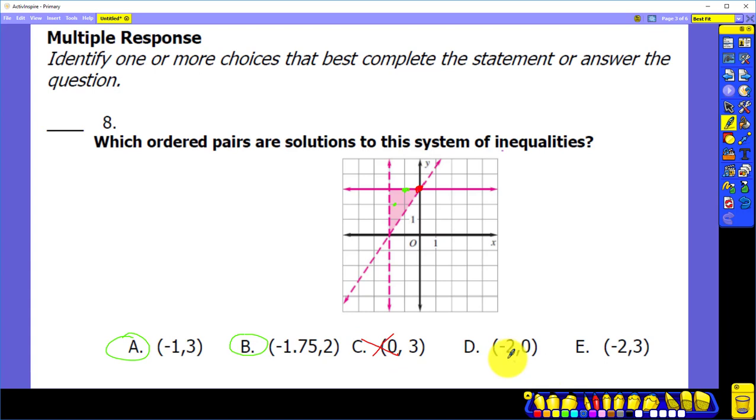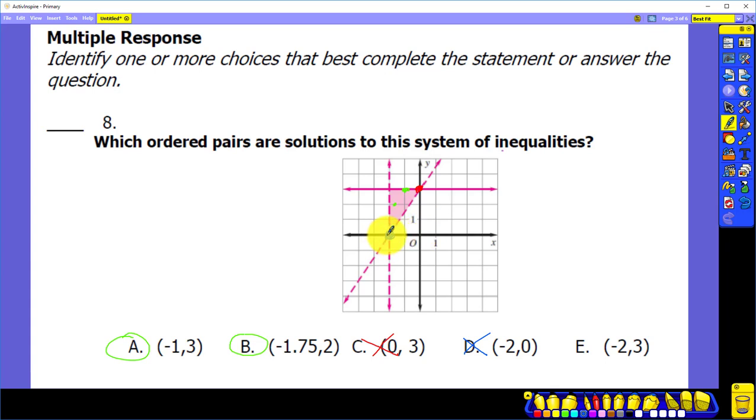Now let's check -2, 0. So -2, 0 over here. Okay, now since this point is located on both dotted lines, it will not be a solution. It should be both solid if you are on a vertex or edge of your shaded area. Next, -2, 3.